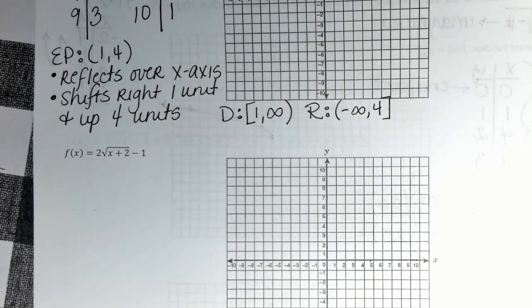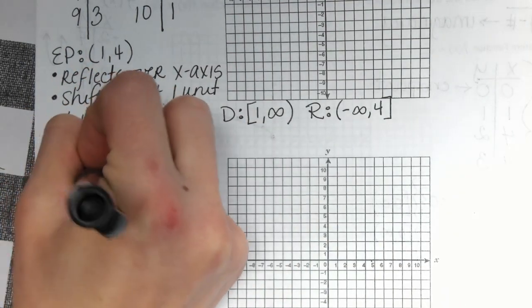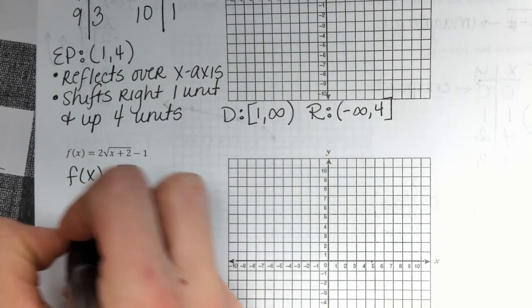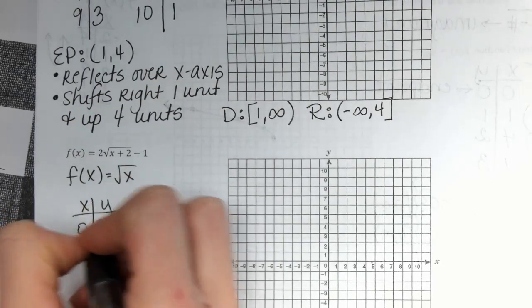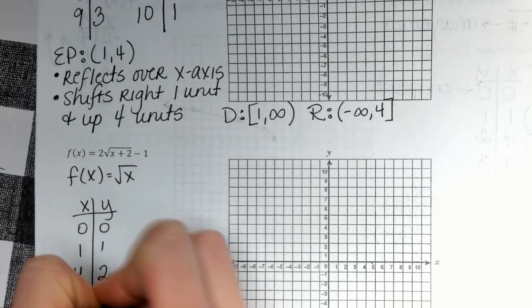Alright, f of x is equal to 2 times the square root of x plus 2 minus 1. So my parent function, f of x, is equal to square root of x. 0, 0, 1, 1, 4, 2, 9, 3.